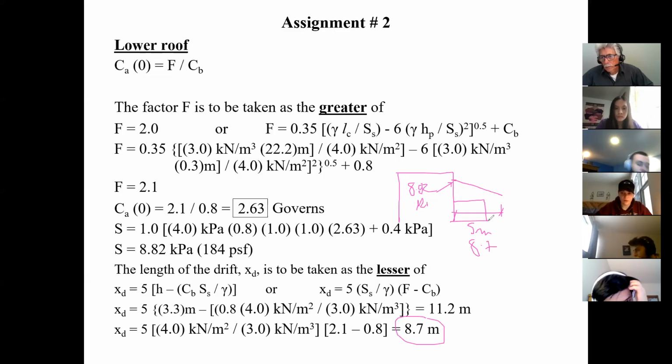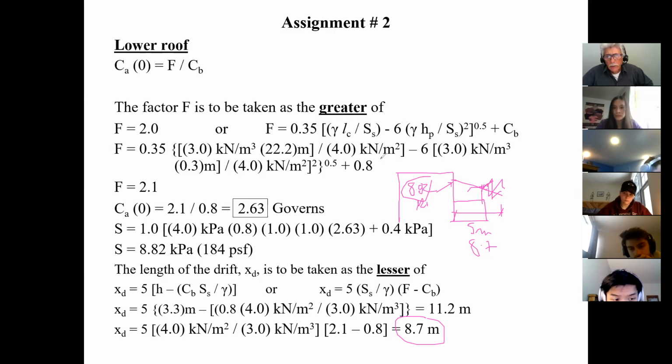You have to find the force for 5 meters. Exactly. In other words, mathematically, you would have to find out what this value is based on the slope of this line, and that would be the actual snow load. Fair enough? This is just theoretical. So you take the slope of this line, find out what it would be over 5 meters here, and that would be the snow load at that point.